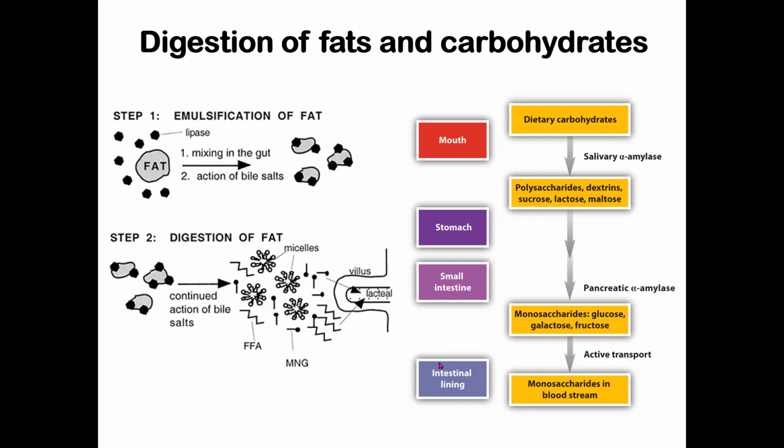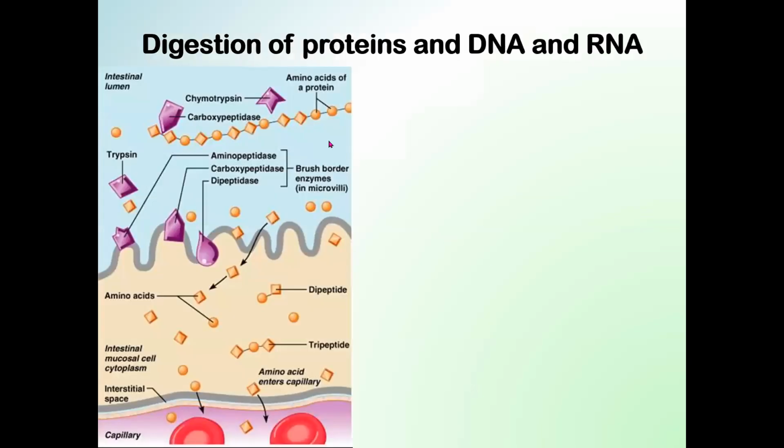In the intestinal lining, the monosaccharides, a single sugar like glucose or fructose, then go into the intestine, into the blood, like this.